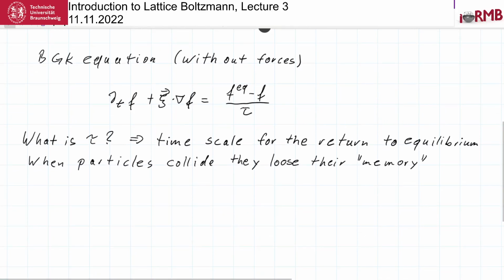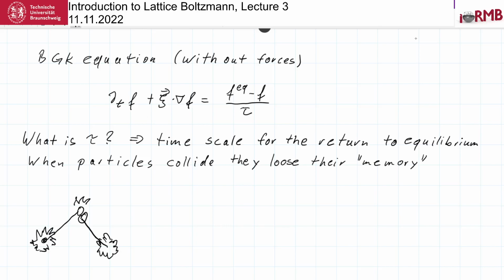So let's consider the following. We have here, say, a collision. So here is the last time the particle collided. Then it's moving. And here was another collision, and another particle going here, and they collide again.